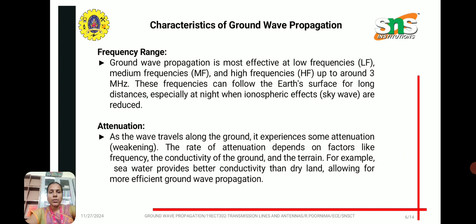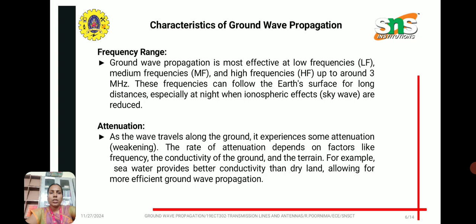Next we are going to see the characteristics of ground wave propagation. The first one is the frequency range. It is most effective at low frequencies, medium frequencies, and high frequencies up to around 3 MHz. These frequencies can follow the Earth's surface for long distances, especially at night when ionospheric effects are reduced.